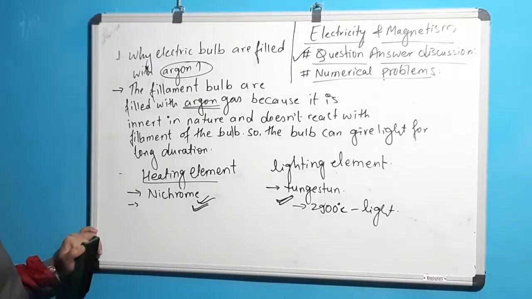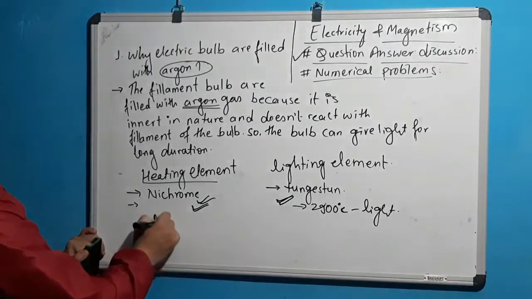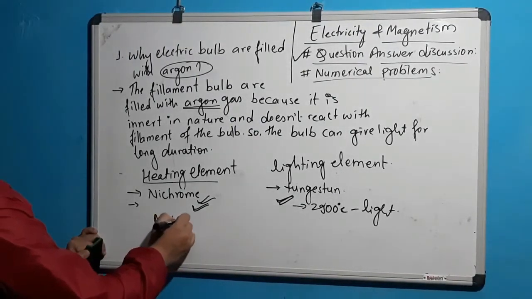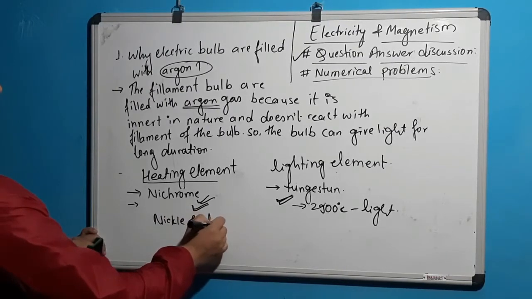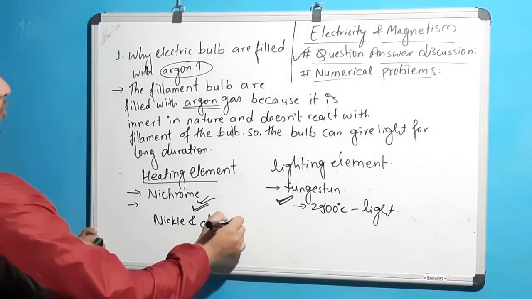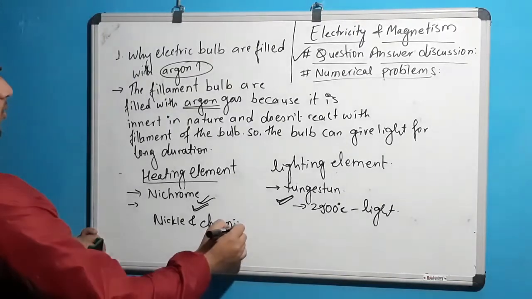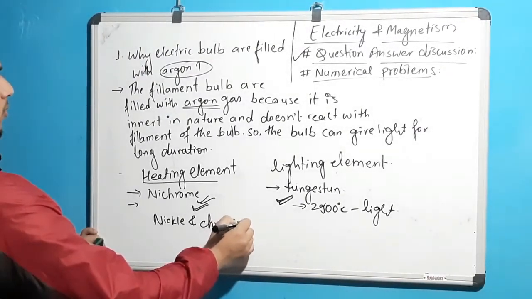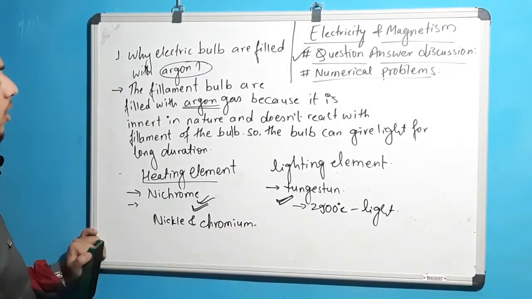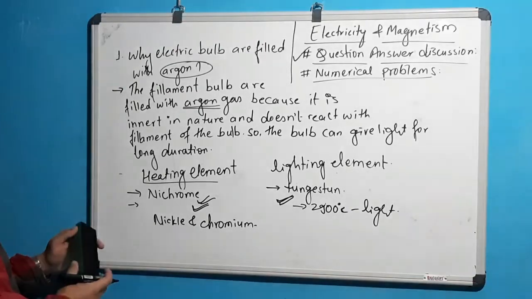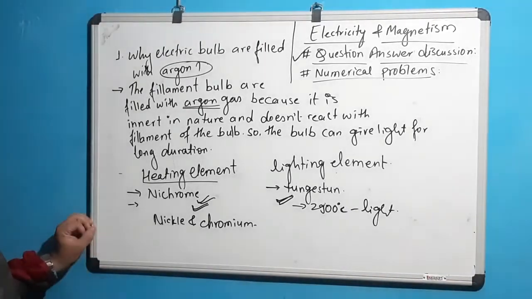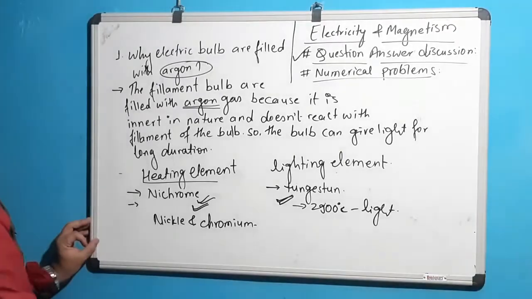Nichrome is an alloy. It is a mixture of nickel and chromium.